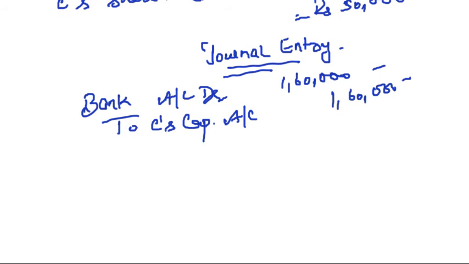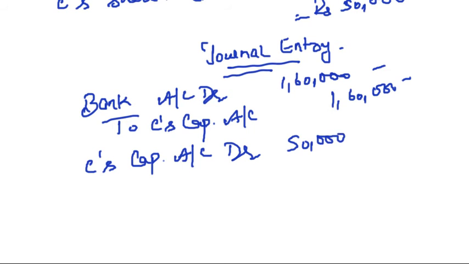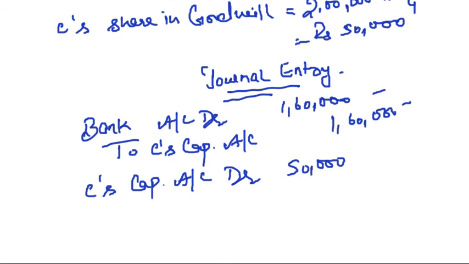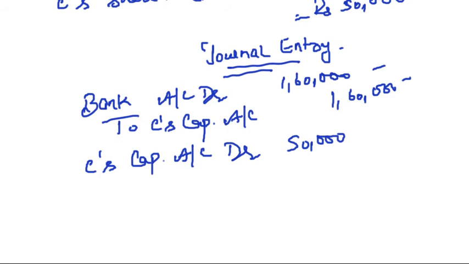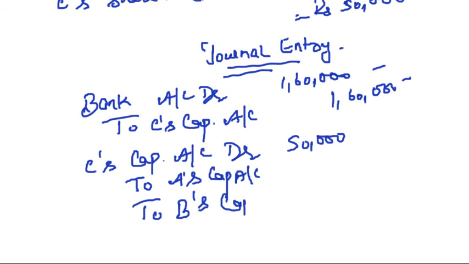So I told you in the previous lecture that if he is not bringing his share of premium in goodwill, we are going to debit the new partner's capital account with rupees 50,000, his share in goodwill, and the old partners' capital accounts will be credited because he has to compensate the old partners.